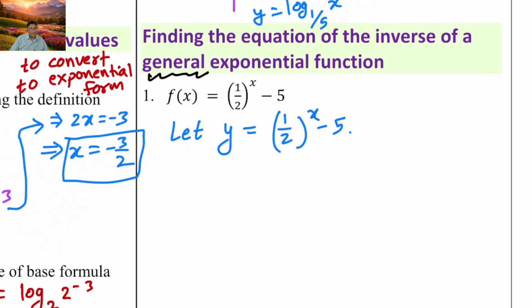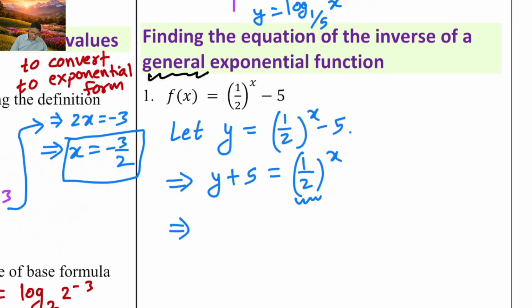This is y in terms of x; you want to get x in terms of y. So you will say y plus 5 equals half to the power x. And now if I want to bring the x down, of course, you apply the log. But what is the base? Base is half. So log base half of y plus 5 will be equal to x by definition.